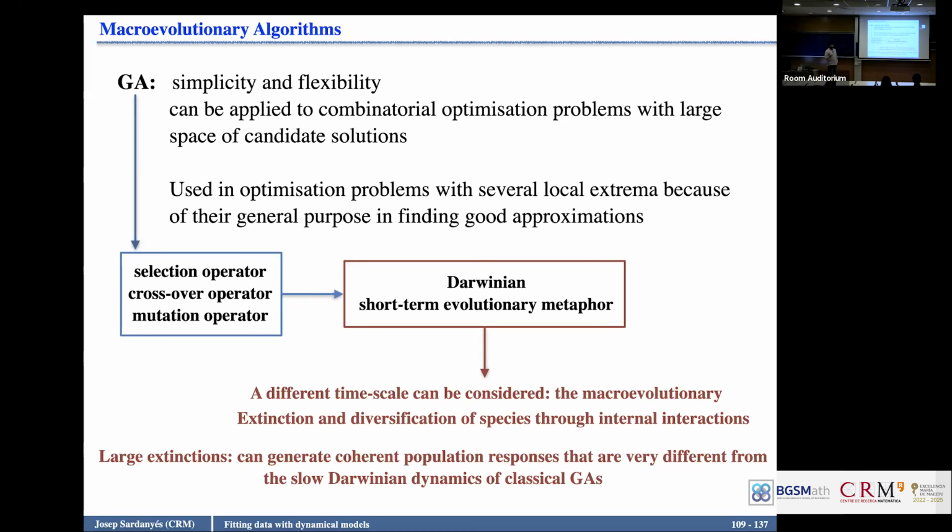And as you know, in macroevolution, there have been macro extinctions in different geologic eras, for different reasons. For example, in the Cretaceous, 65 million years ago, we had this huge impact of a meteorite in the Gulf of Mexico.